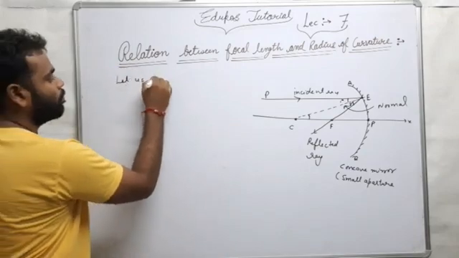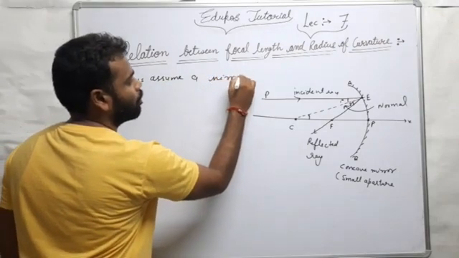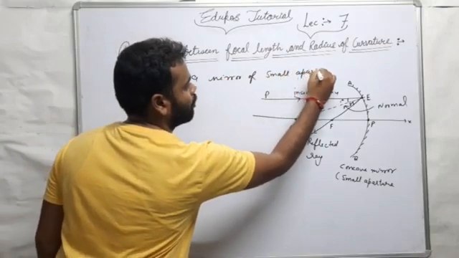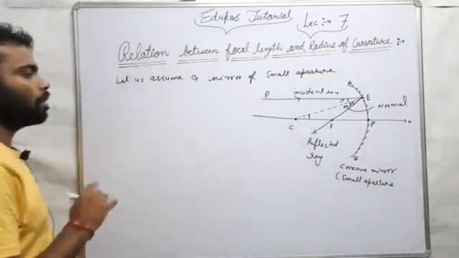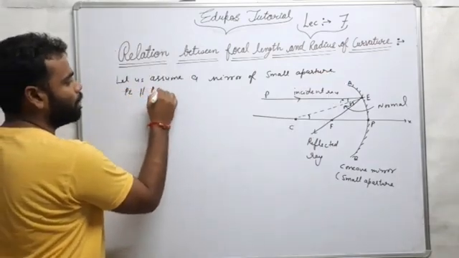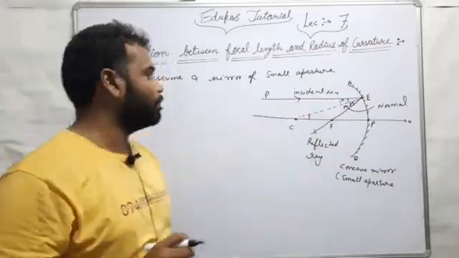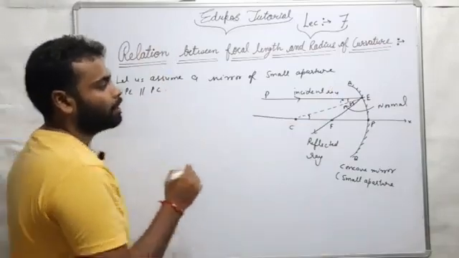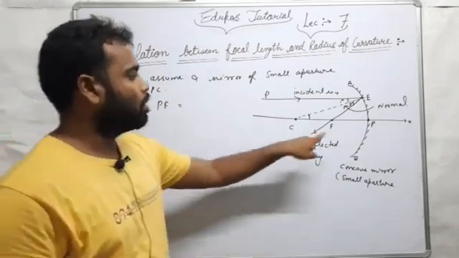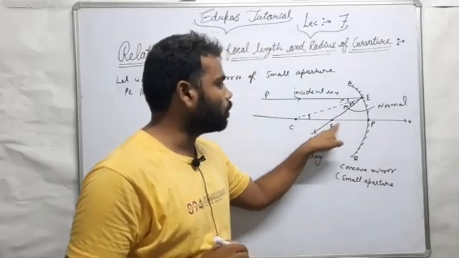Now let us assume a mirror of small aperture. PE is parallel to PC, and what is PE? PE is the incident ray, and PF, here F is the focal point, or we can say the focus of this mirror.